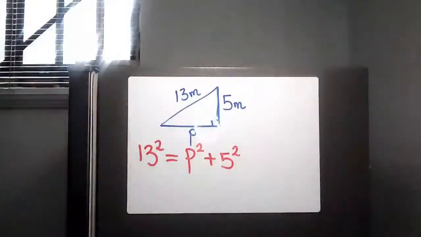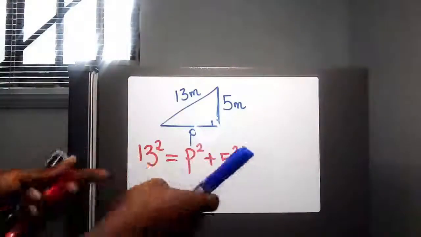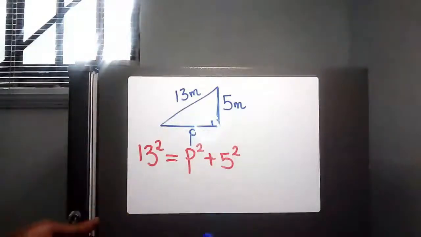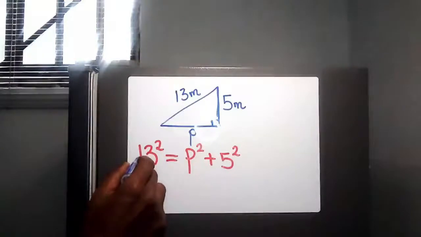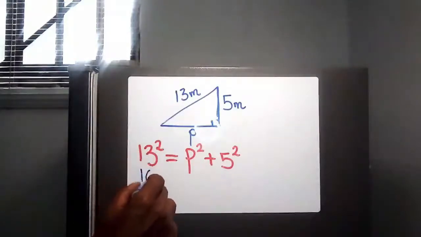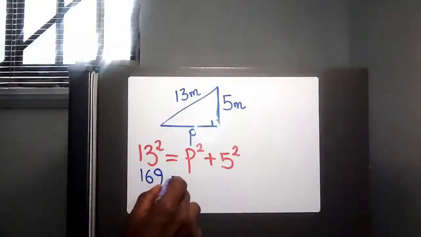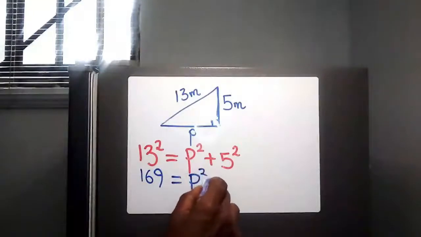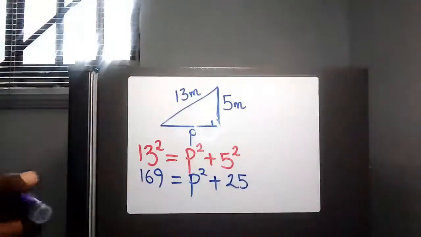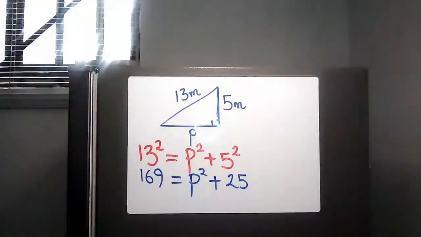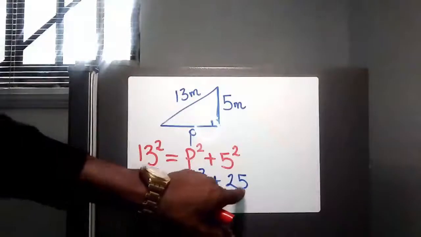You cool? But I would like to rearrange this. Or even if I don't rearrange it, somebody's going to travel the sign of equality. So here, 13 squared means 13 times 13, 169, equals p squared plus 25. Who is that person that travels? The person is plus 25.